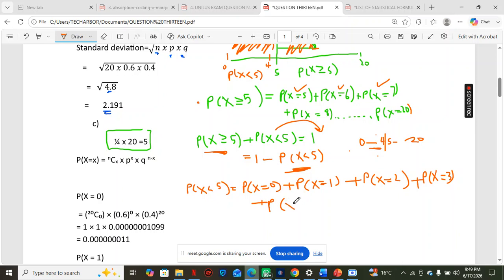Once you get all these probabilities and add them up, it will give you the probability that less than five students prefer working in the banking industry.